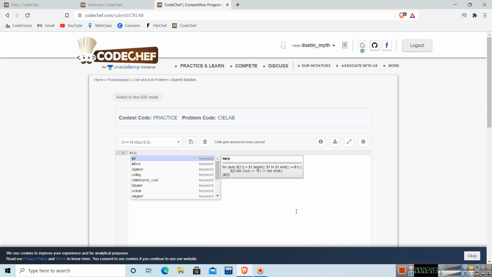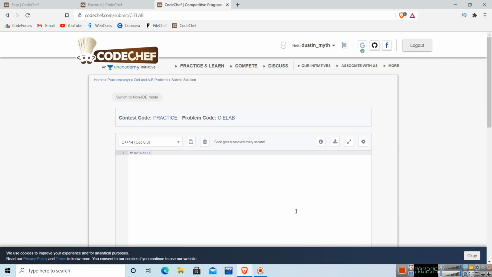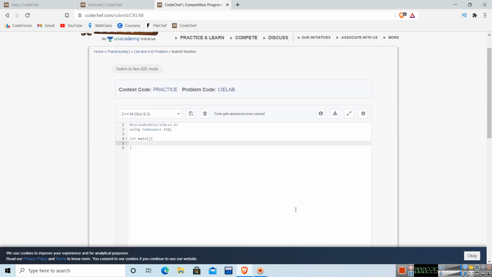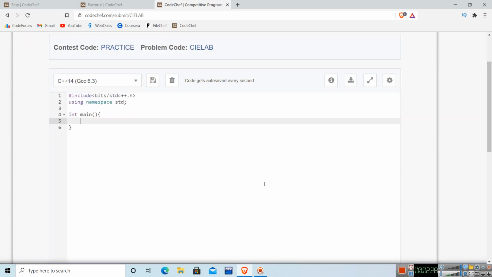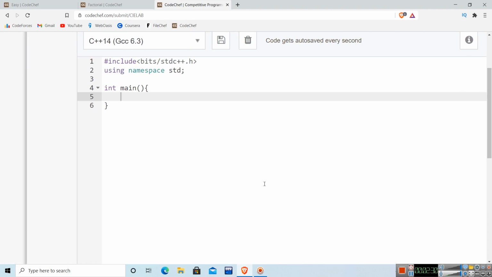Standard C++, rename this std, we all know that. Okay, let me zoom in for you guys.